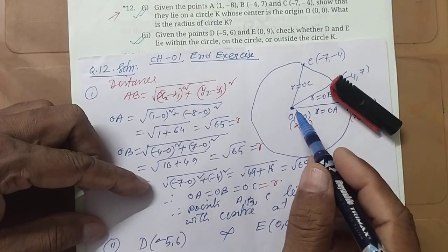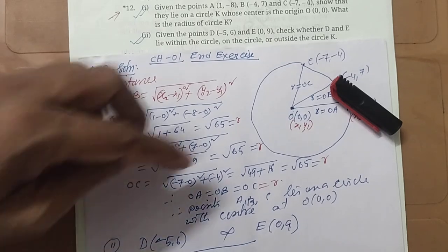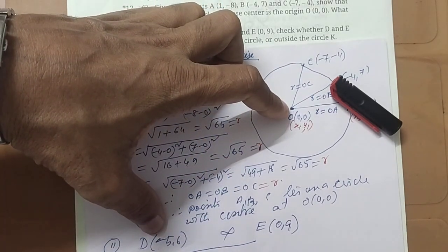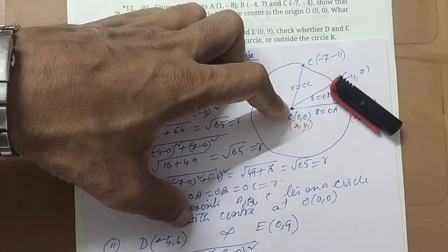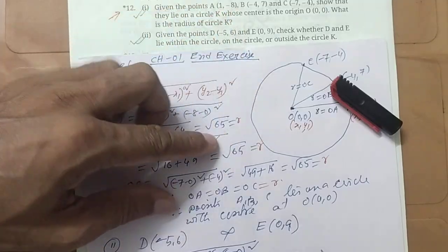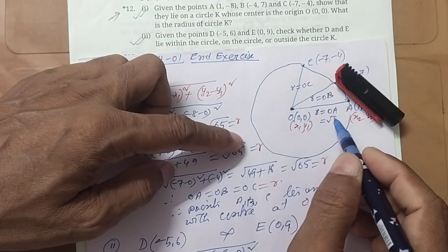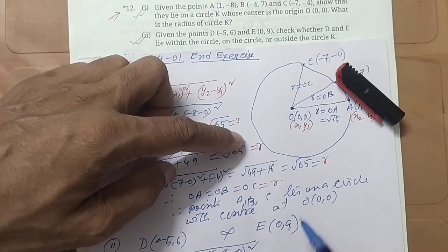From O to D, distance OD, same formula: (x2 minus x1) square, so minus 5 minus 0 square, and 6 minus 0 square. Minus square is plus, 5 square 25 and 36. It will be 61. So you see the radius of this circle we got is root over 65. And we are getting here root 61.